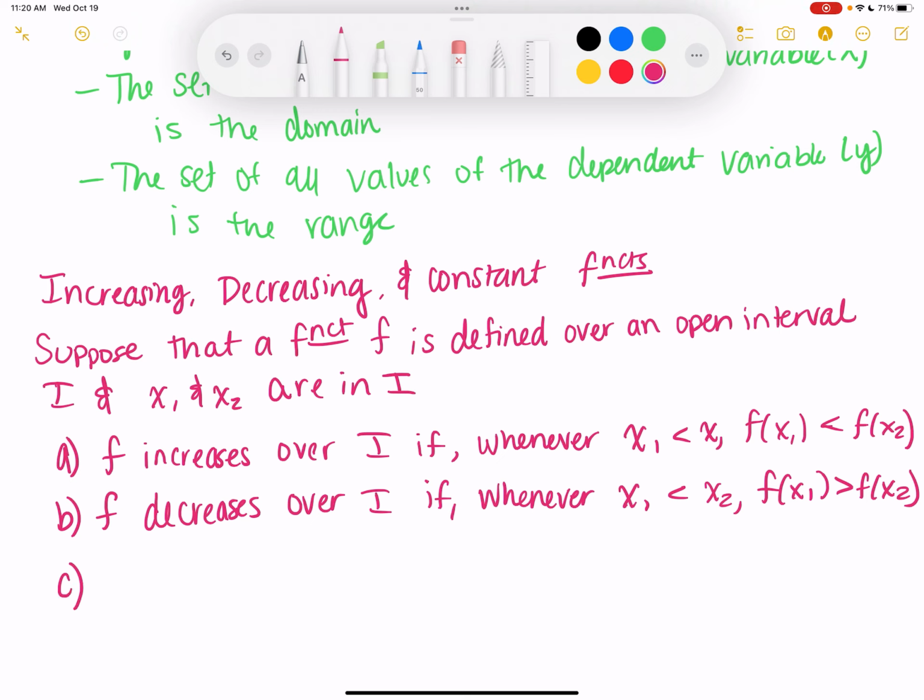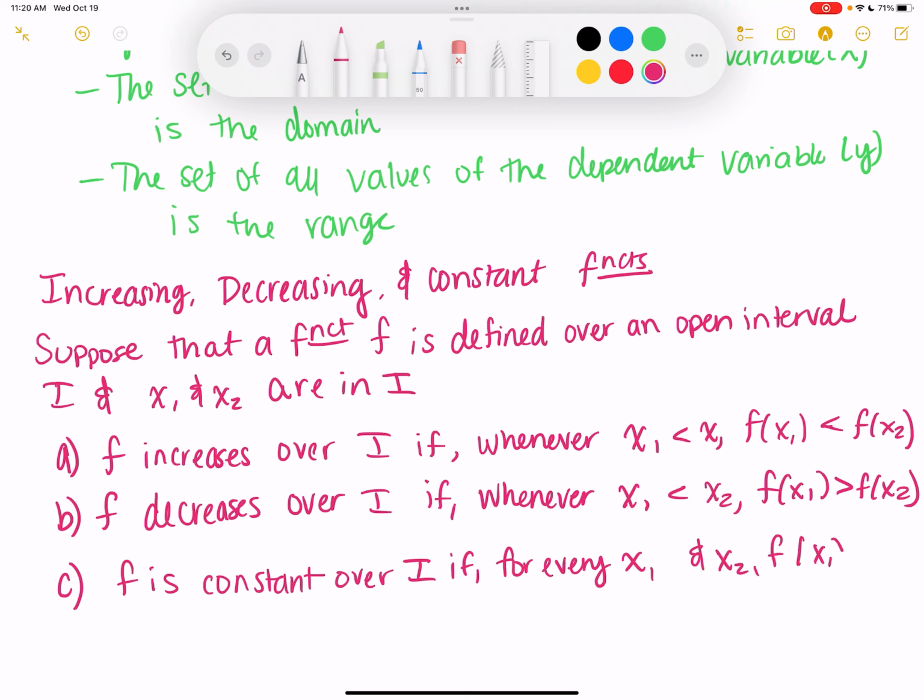C, f is constant over I if for every x1 and x2, f of x1 is equal to f of x2.